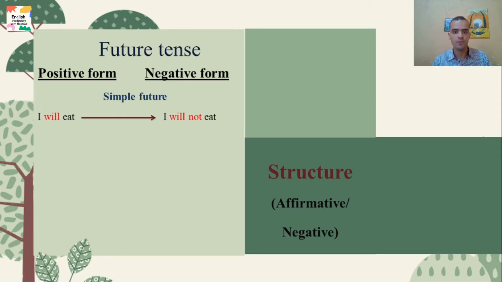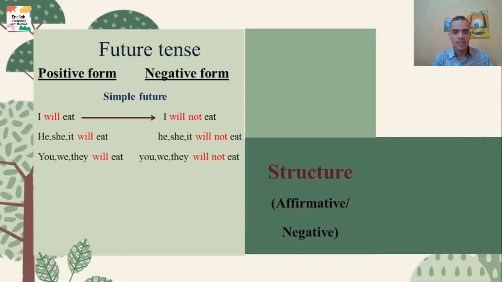This is the negative form. He, she, it will eat. This is the positive form. He, she, it will not eat. This is the negative form. The last one, you, we, they will eat. This is the positive form. You, we, they will not eat. This is the negative form.